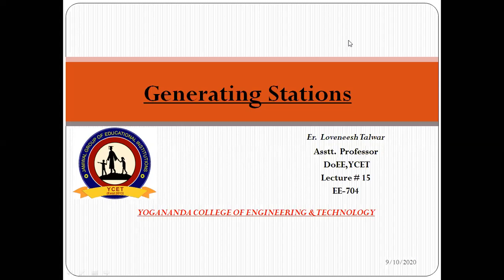In my previous lectures, we started with generating stations, and you saw that in a generating station one form of energy is converted into another form of energy, like in the hydroelectric, thermal and nuclear power stations. In all these generating stations, one form of energy is converted into electrical energy.